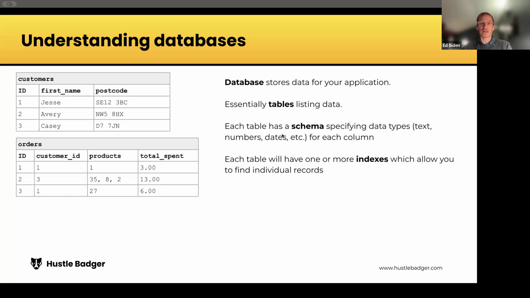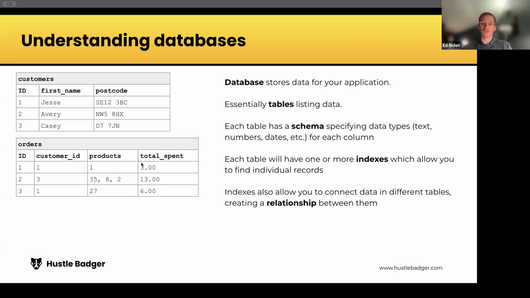You also notice that each table has an index. You've got a primary index that's usually the first column you see, your ID, 1, 2, 3. That's usually just numbered sequentially, and that is a unique record. So you'll only find one row with ID 1, one row with ID 2. It's called the primary key because it is unique and it allows you to find each of those rows in a unique way. That's really important if you want to link those two tables together, because as you can see in the orders one, we can refer to a customer ID and say, hey, look up customer ID number 1.